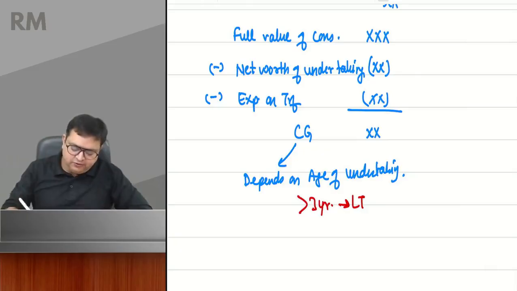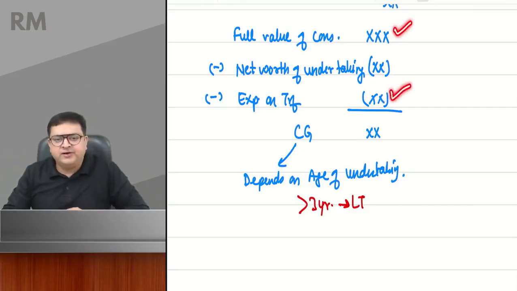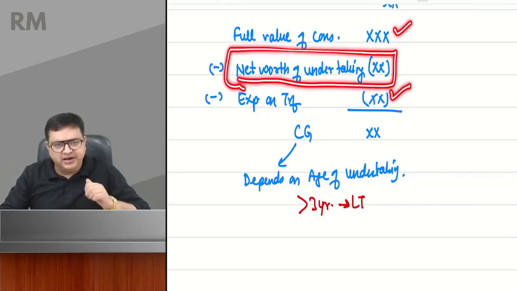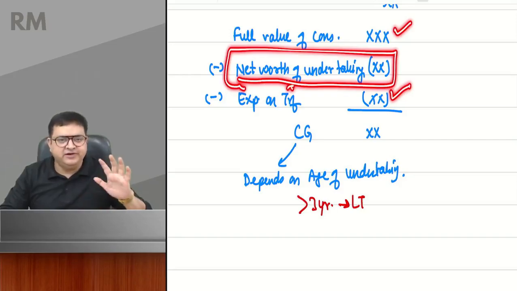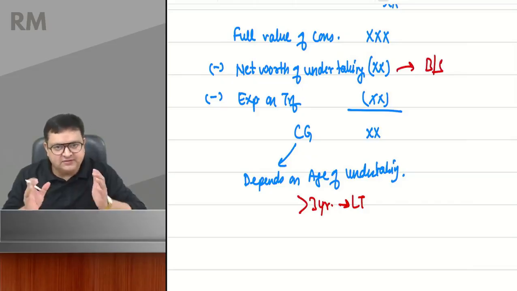Now, how will we be computing? See, now there is no problem with full value of consideration. Full value of consideration would be given to us in the question. There is no problem with expenses on transfer. It will also be provided to us. So now the point is net worth, how we'll be computing the net worth. For net worth, we'll be taking the help of the balance sheet of this company, specifically for this undertaking.